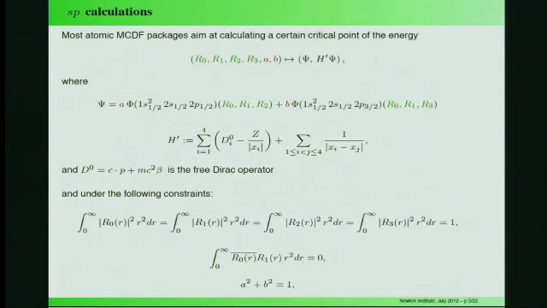Okay. So what most MCDF packages do is the following. You have your energy, you have your Hamiltonian. If it's relativistic, you have this Dirac Hamiltonian. And what you want to do is to minimize. You want the ground state, you want to minimize this energy. And what are your variational parameters?